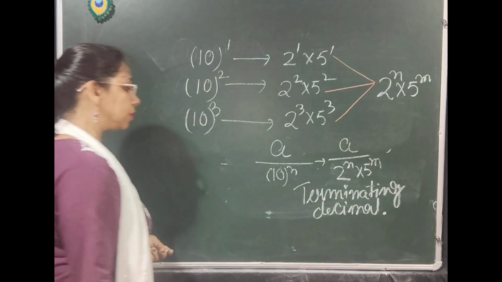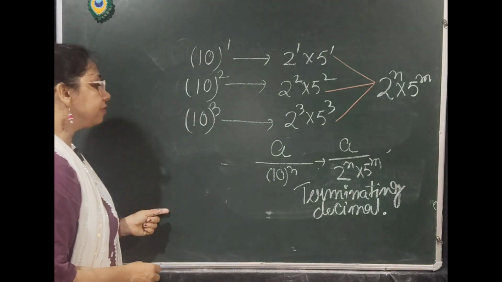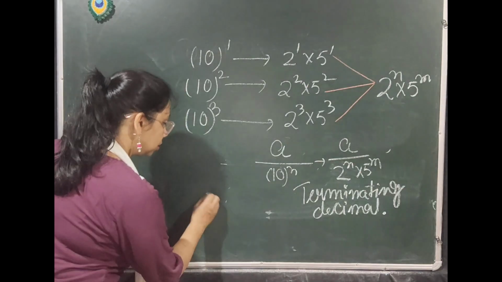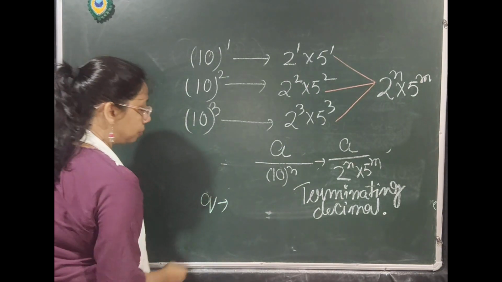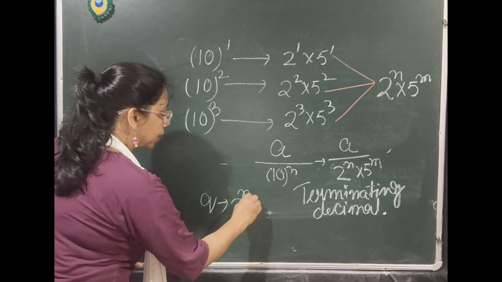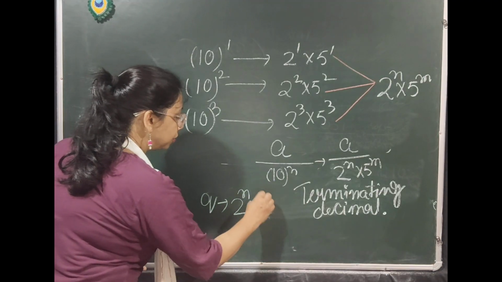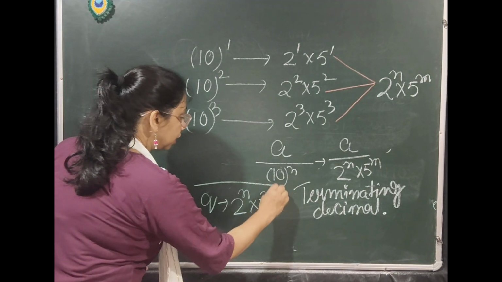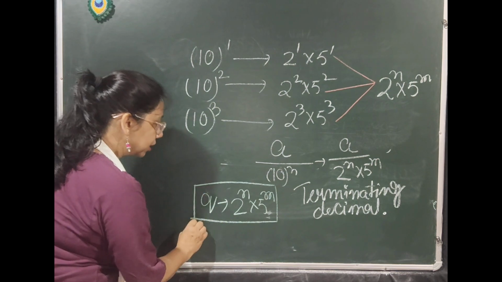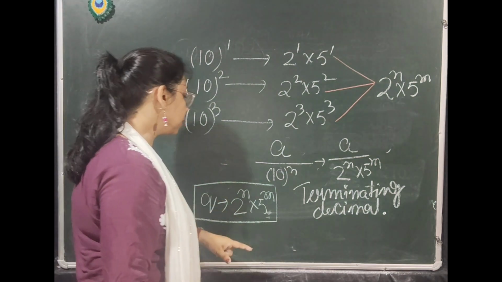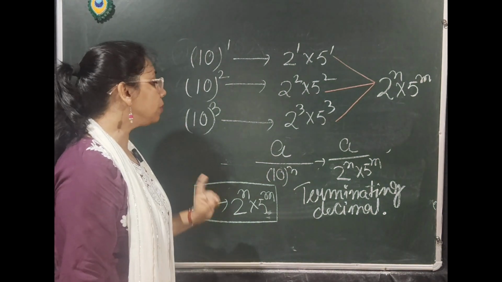Okay, that means if Q is in the form of 2 to the power n into 5 to the power m, then we can say that the decimal becomes a terminating decimal.